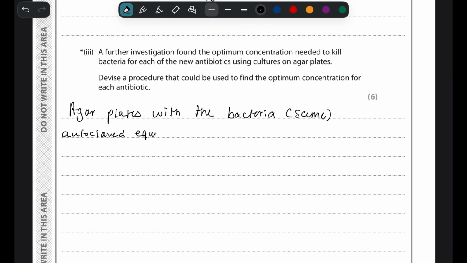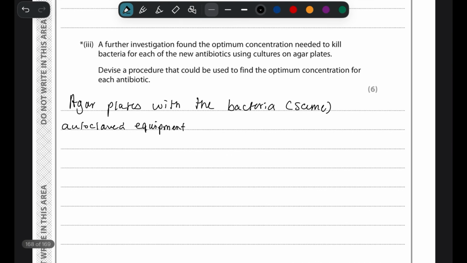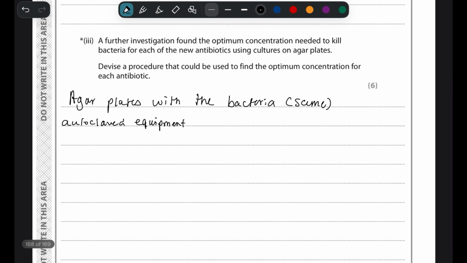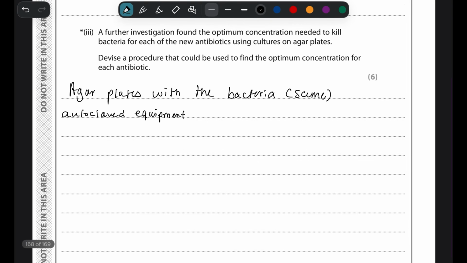I've forgotten the specific equipment, but you should know the exact equipment, and make sure you're saying something like autoclaved. Now, what we want to do is get different concentrations of each antibiotic. That's something you need to mention. So now we're talking about variables: different concentrations of each antibiotic.